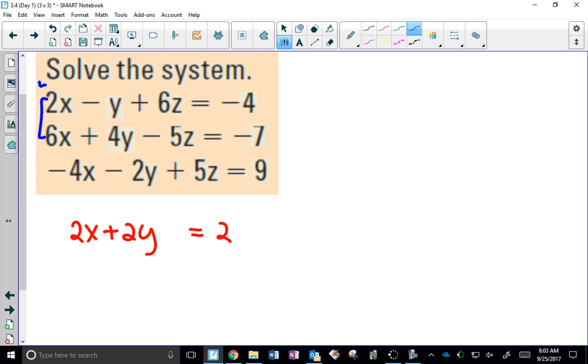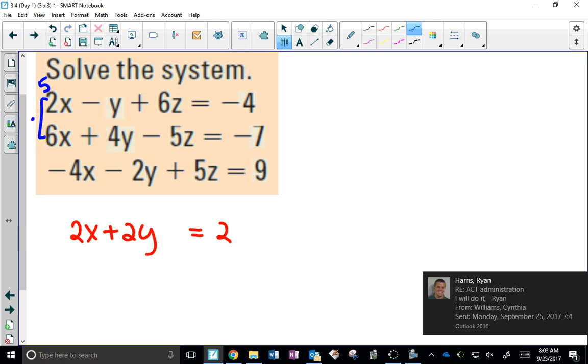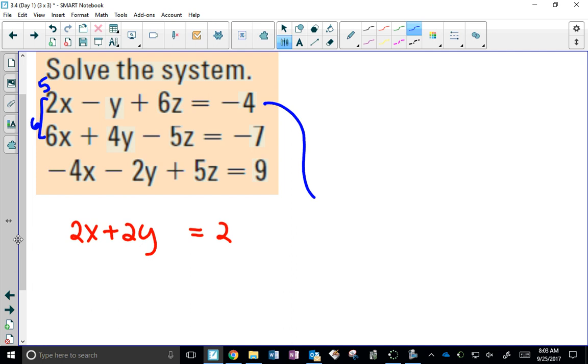So we'll have to multiply this one by 5, this one by 6. So that one will be 10x minus 5y plus 30z equals negative 20.